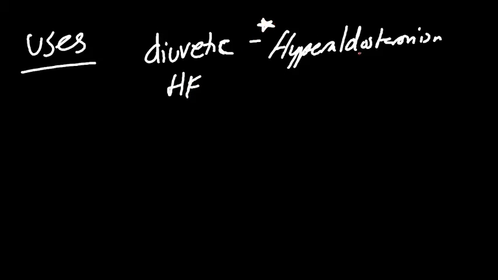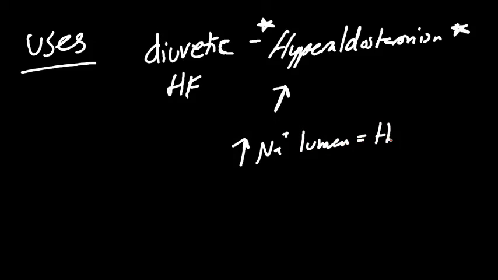Primarily, this is what I would be concerned about. If the patient is hyperaldosterone and they have hypertension, then they'll increase their blood pressure. You'll want to give this as a diuretic to block the effect of that hyperaldosteronism. Thus, you'll lose your sodium, my apologies. If you increase sodium in the lumen, then water will follow. Water follows due to its osmotic gradient, and then you'll lose it in the urine.